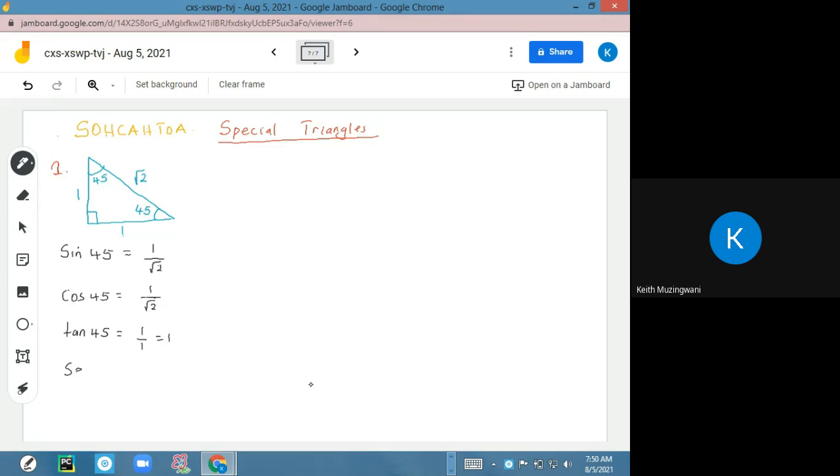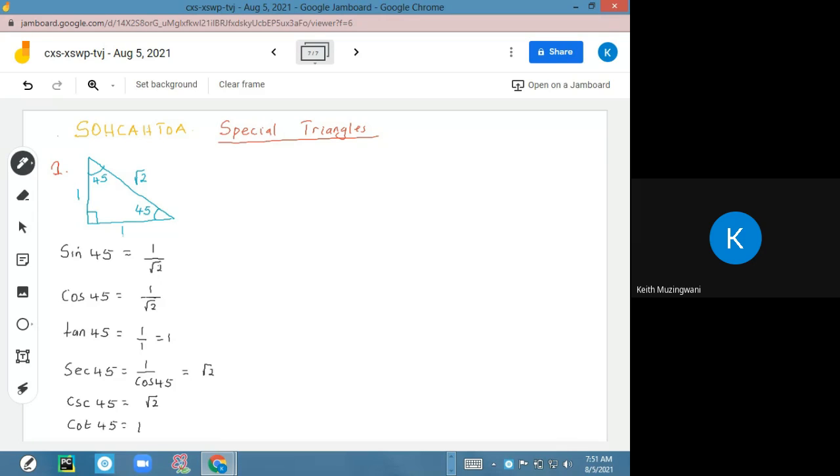Then sec 45 is just 1 over cos 45. So it is just root 2. Cosec 45, same thing, 1 over sine. So again, you get root 2. Then cot 45, you get 1. 1 over tan, but tan is just 1 there.